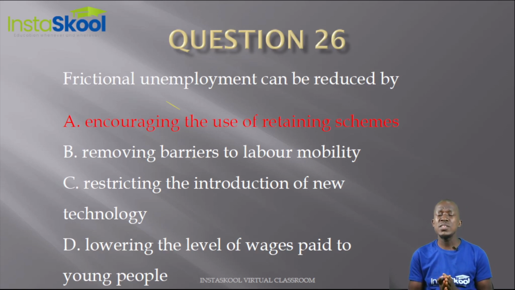It can be from one career to another, or from one place to another. So it's not clearly the most suitable option. Option A says encouraging the use of retaining scheme. A retaining scheme is one that would make workers stay on their job, so you don't have to leave one job to another.